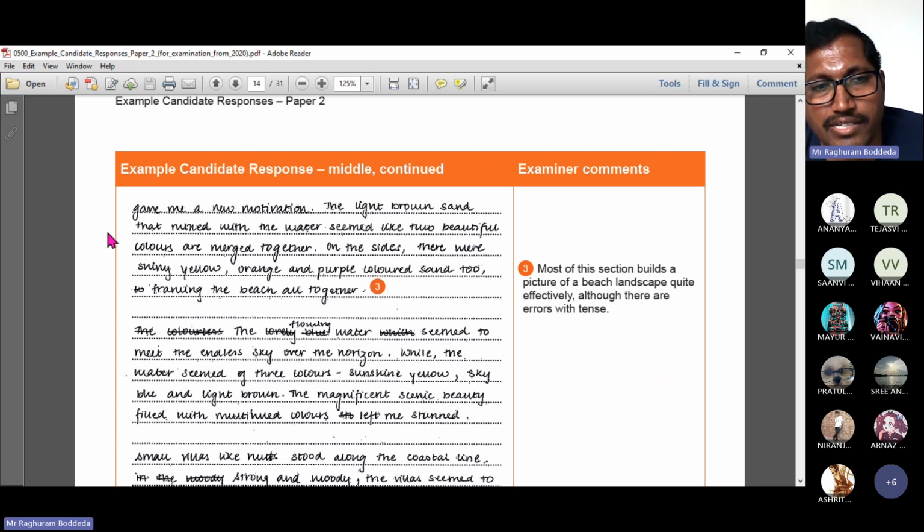This is a sentence they need to rewrite, using the proper correction. And on the sides, there were shiny yellow, orange and purple colored sand too, framing the beach altogether. Minor mistakes are there, and they need to look at the tense usage.